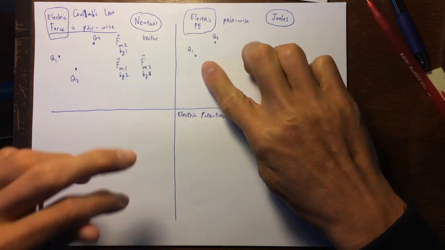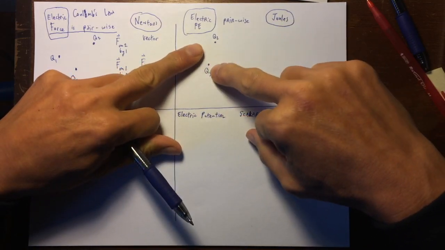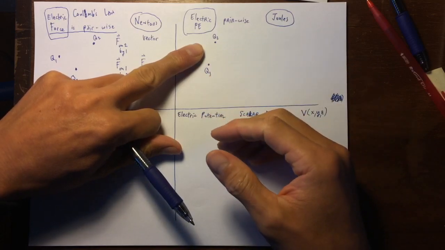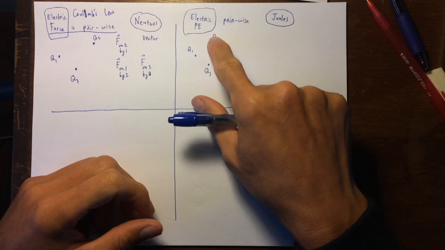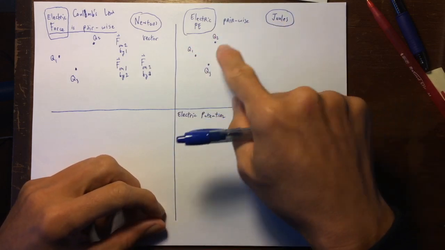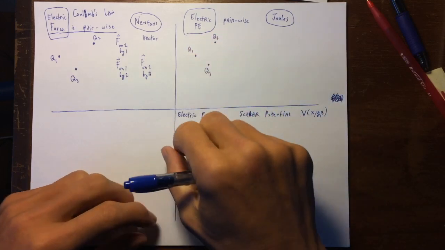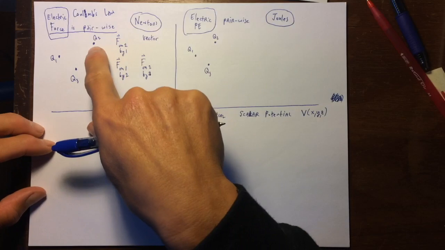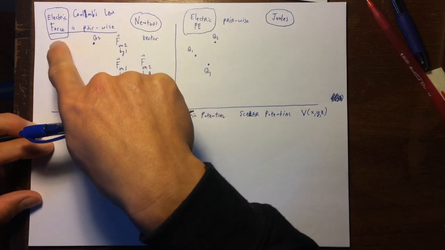There is a potential energy because 1 and 2 are close to each other, there's a potential energy because 2 and 3 are close to each other, etc. When you calculate the energies, you're going to get some number of joules because of this distribution of charge. Back here, there's some number of newtons on that charge because of the others.